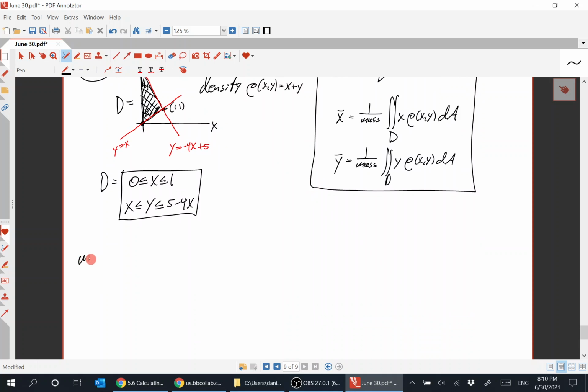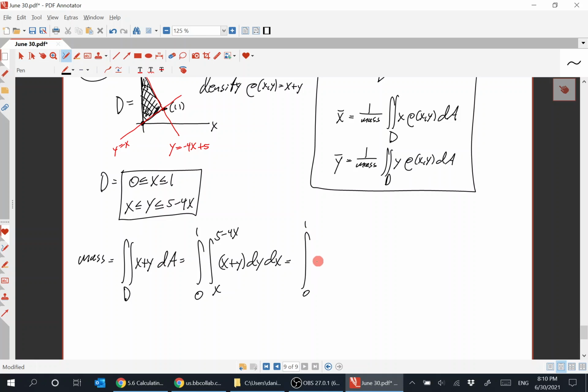All right, so the mass is the double integral over D of x plus y dA, which is the integral from 0 to 1, y from x to 5 minus 4x, of x plus y dy dx. The antiderivative with regard to y is xy plus a half y squared, from y equals x to y equals 5 minus 4x, dx.